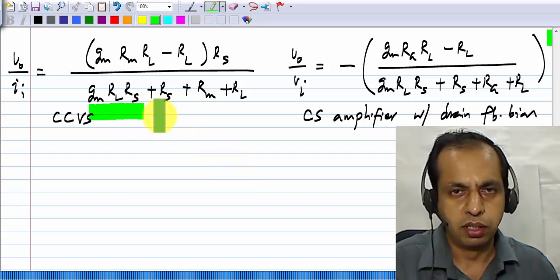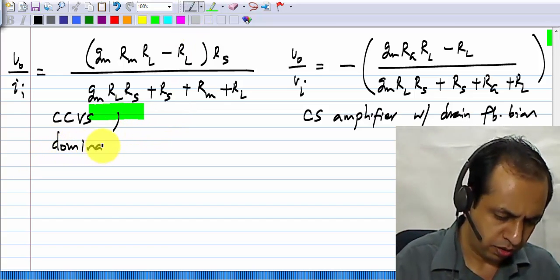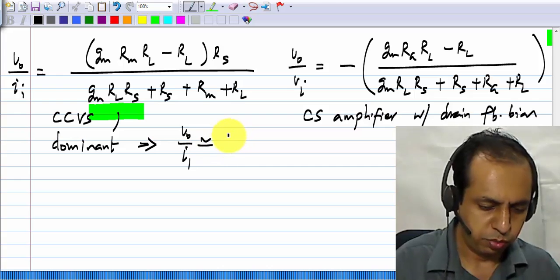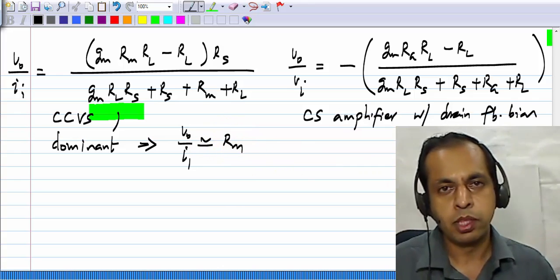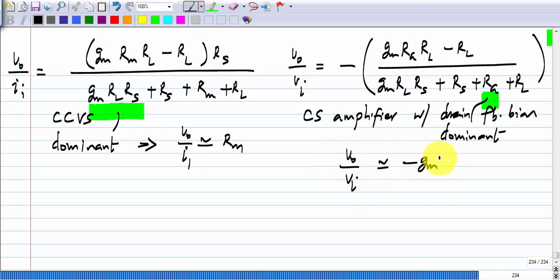If that is dominant, then we get approximately what we want: V naught by I approximately equals Rm. Whereas in the common source amplifier with drain feedback, if you recall, we wanted Rg to be dominant in the denominator. If this is dominant, then we have V naught by Vi approximately minus Gm RL. So they are quite different from each other.